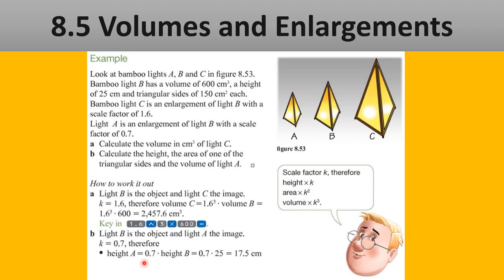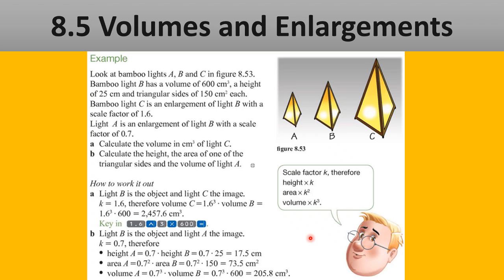So the height becomes 0.7 times 25. The area becomes k squared as big. The area was 150 square centimeters, so it becomes 150 times 0.7 squared. And then the volume becomes, just as with C, k to the power of 3 times as big. So 0.7 to the third power times 600, what I start with, gives me 205.8.